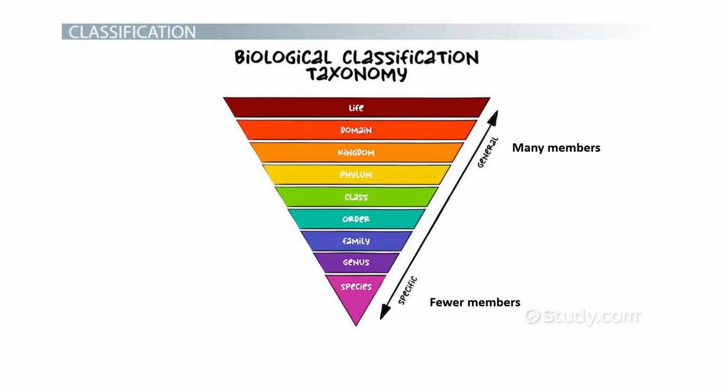So each of these divisions separate organisms into smaller groups to facilitate studying them. The similarity between members of each group also increases as you move down. But this means the number of groups in each level increases as well as you're organizing them.